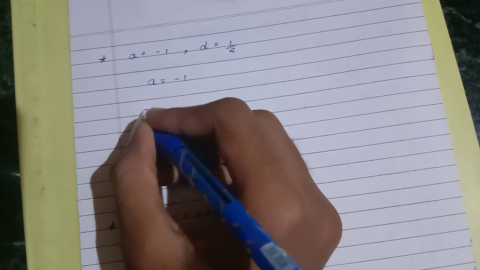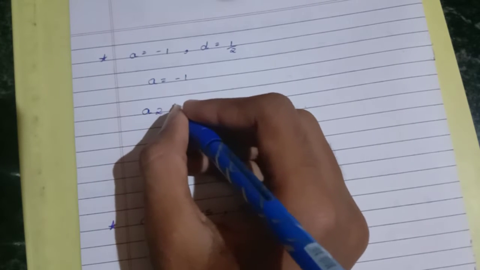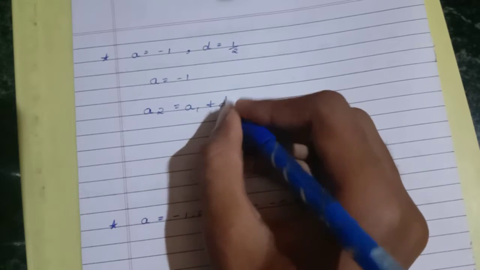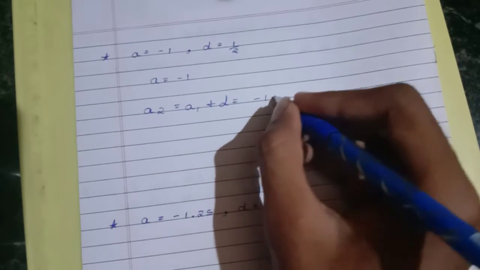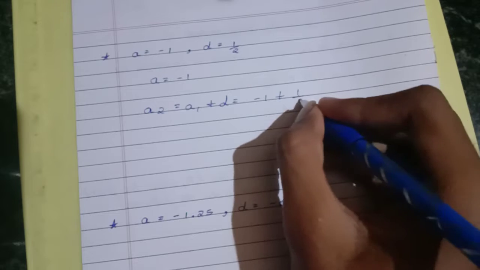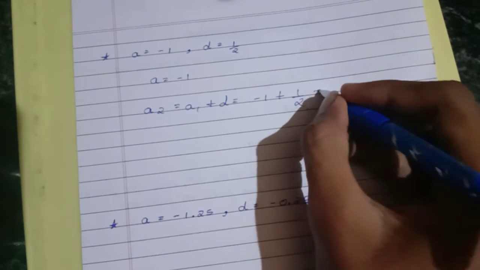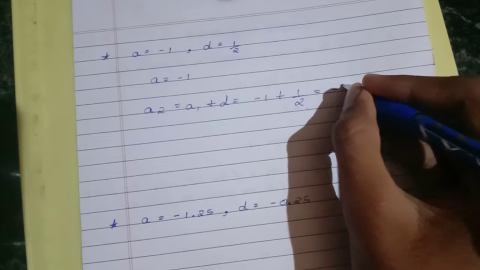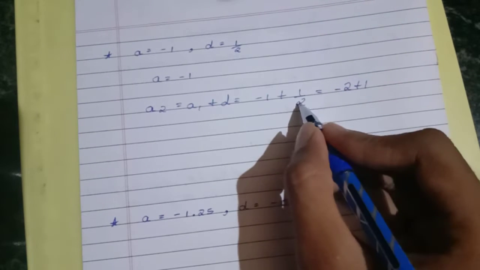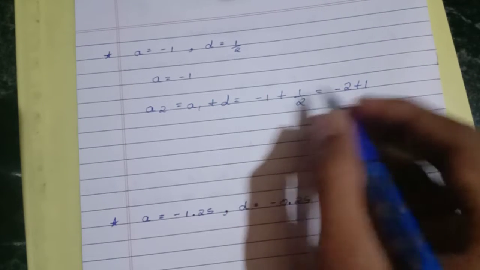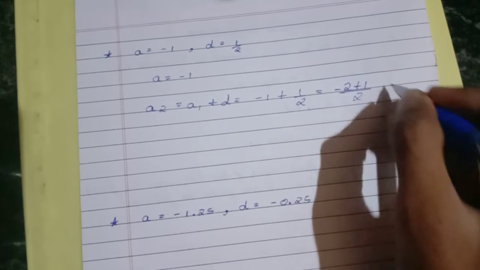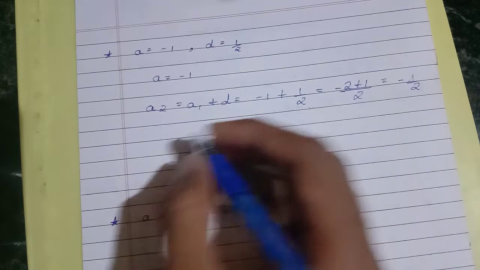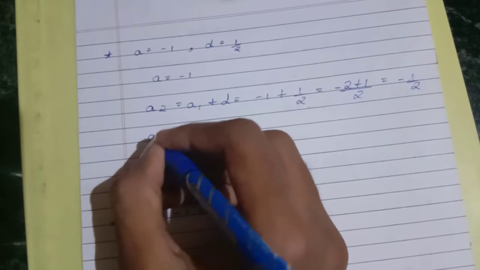A2 is equal to minus 1 plus D is equal to minus 1 plus 1 by 2, is equal to minus 2 plus 1 by 2, because minus 1 into 2 is equal to minus 2, is equal to minus 1 by 2.